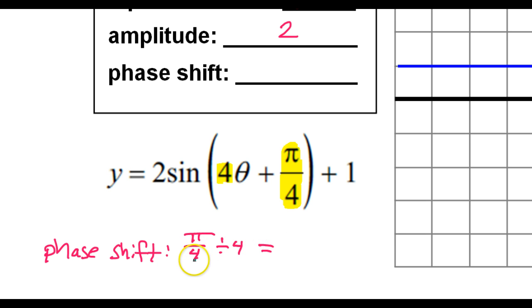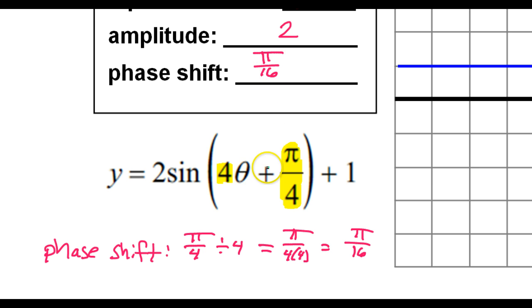Now I know when I divide a fraction by a single number, it's just going to end up in the denominator like this, pi over 4 times 4. So I know that's just going to be pi over 16. But you can think of it as multiplying by the reciprocal, or you can use your calculator to confirm that you'll get pi over 16. So that's going to be my phase shift.